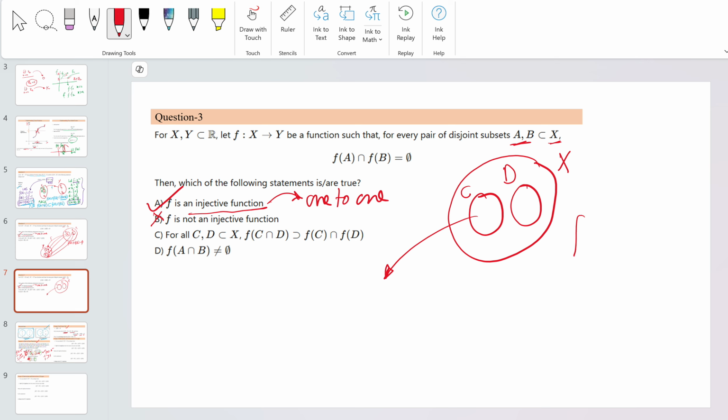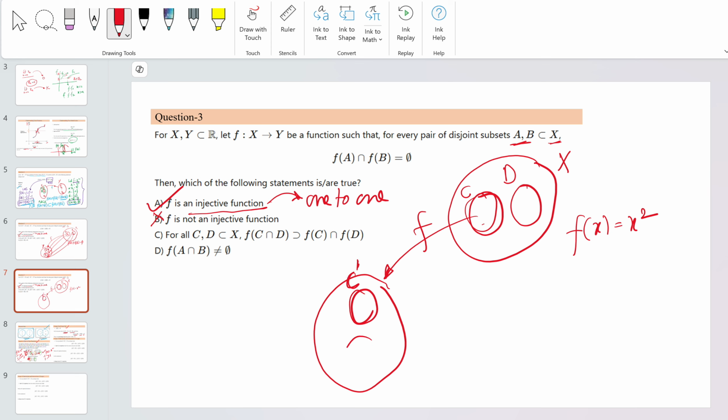So let's take an example. Suppose I'm taking the function f(x) equal to x square. So there is a function, and this C has a subset here, suppose I'm taking C dash, and D has an image called D dash.